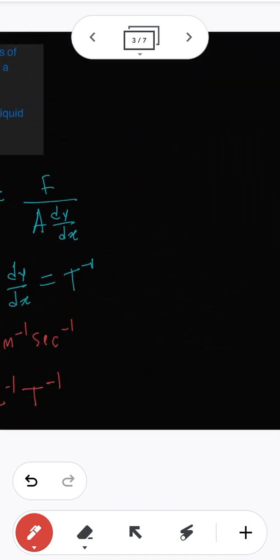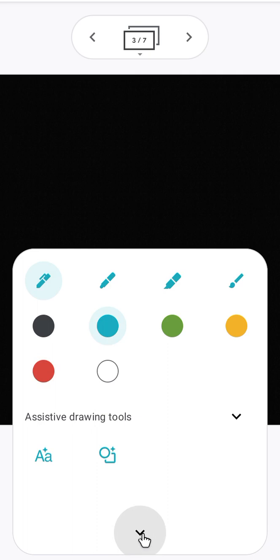Now we'll move over to the third application of dimension. Now this particular one, you have to pay attention to really get it.